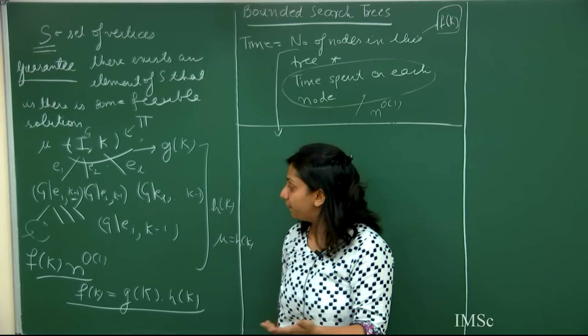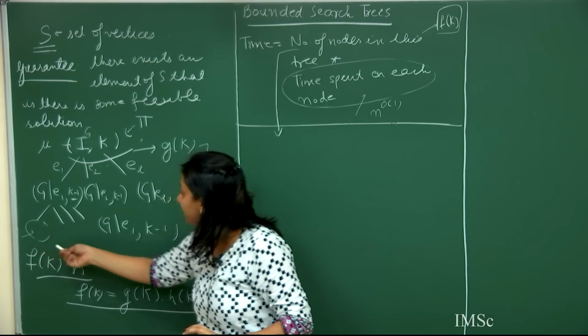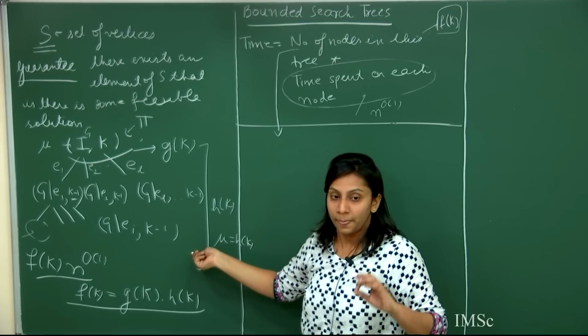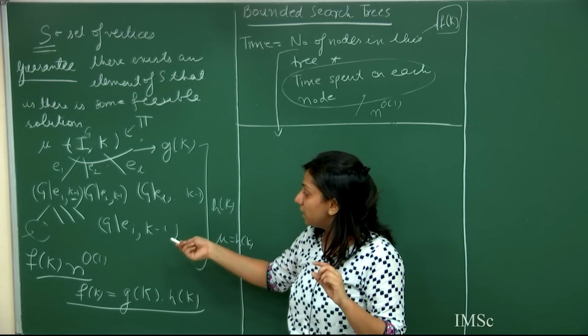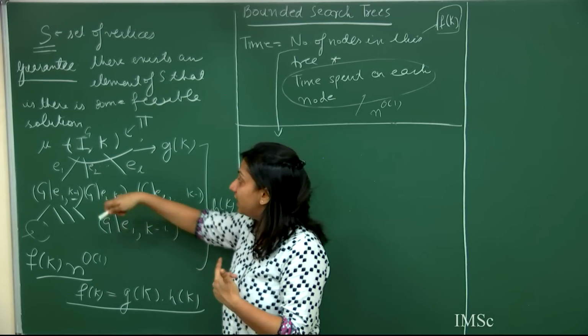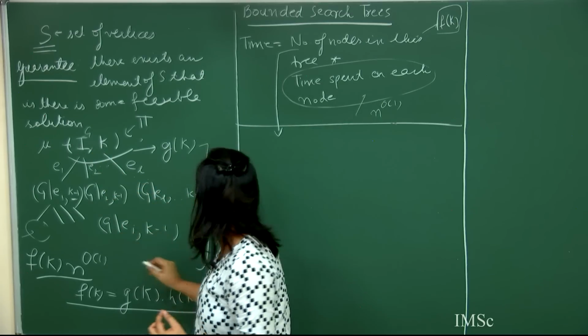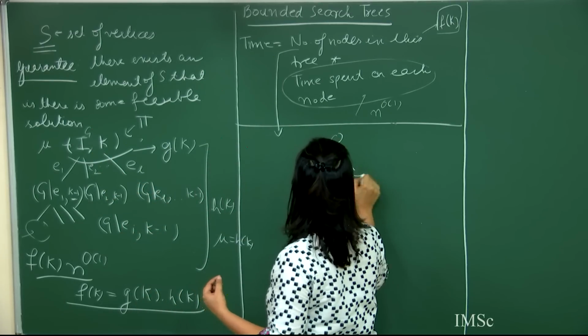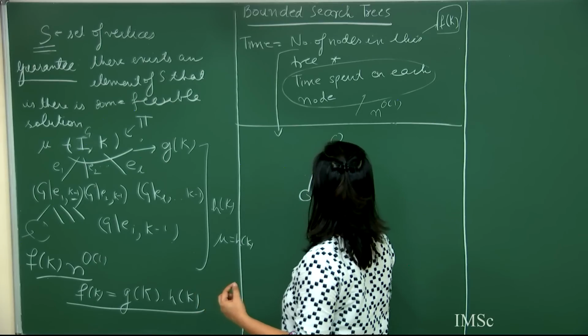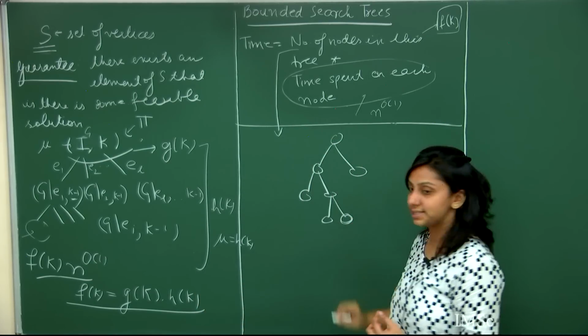Suppose one of these instances was a yes instance. Even then, if the original was not a yes instance, then what could go wrong? Suppose there was some leaf, say this leaf, that was a yes instance.